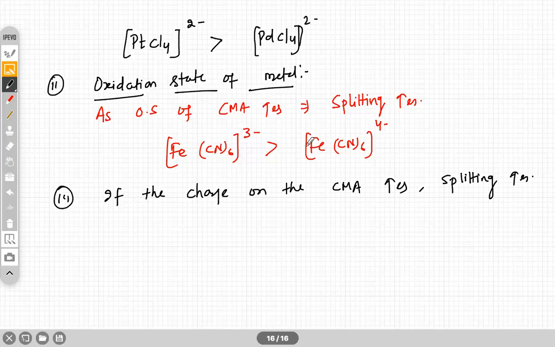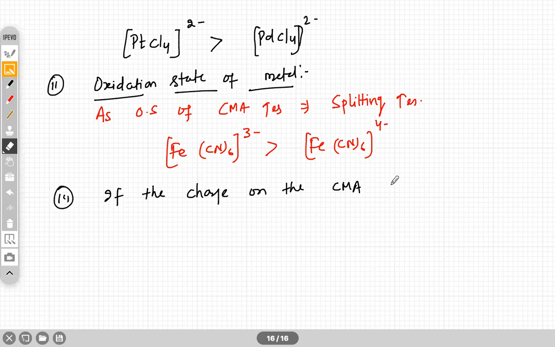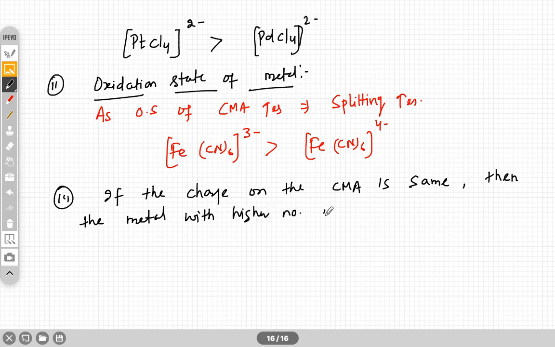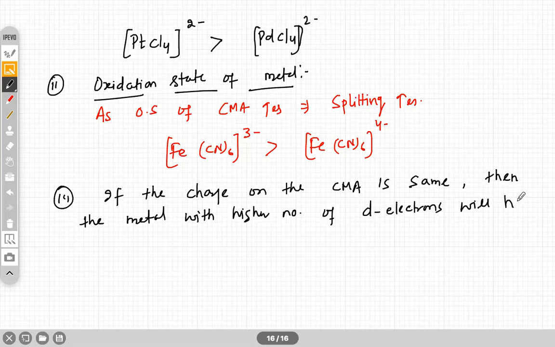Wait, if the charge on the central metal atom is the same, then the metal with a higher number of d electrons will have lesser splitting.